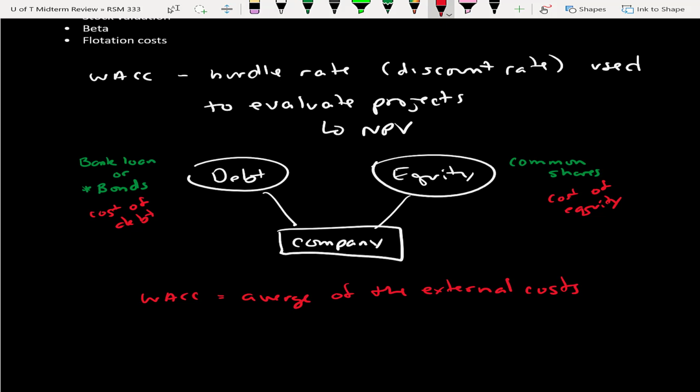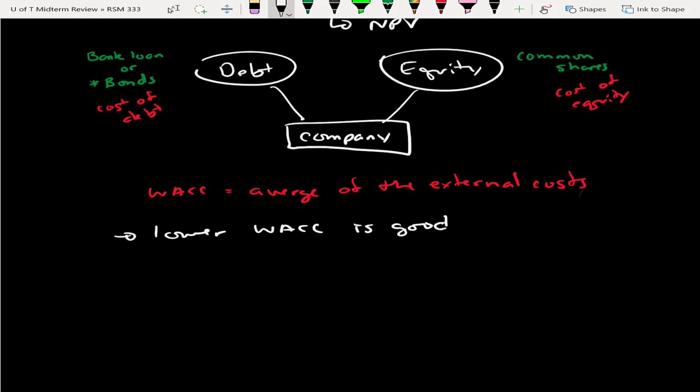When I say external, internal would be like your net income. So if you're borrowing money or getting money from outside, that's what it is. Obviously, a lower weighted average cost of capital is good. Because just like my bank loan example, if you're going to borrow money to invest in the market, the lowest rate you get is the best scenario that you would be in.